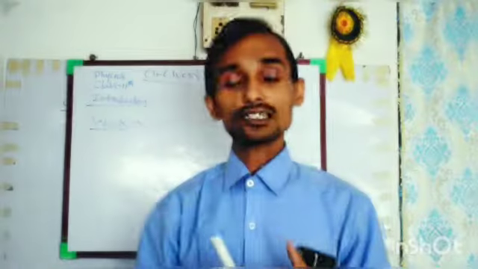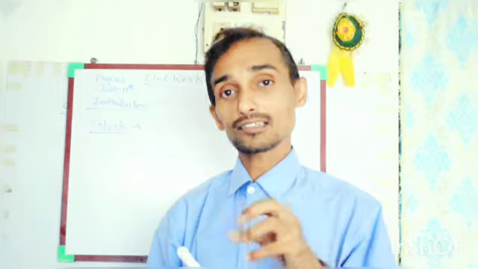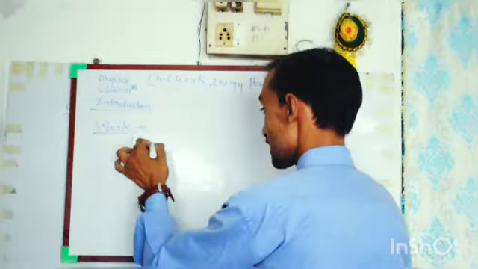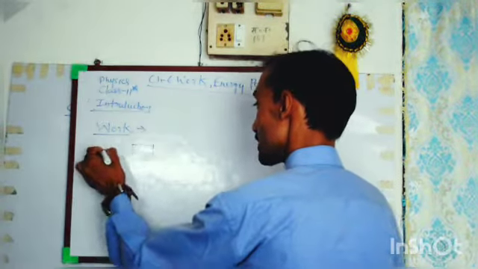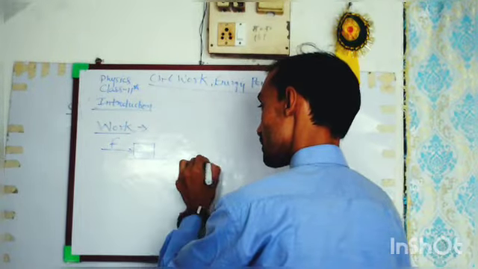Work is produced when an object is displaced from its original position while a force is acting on the body. Let's suppose I am taking an object and acting a force on it.